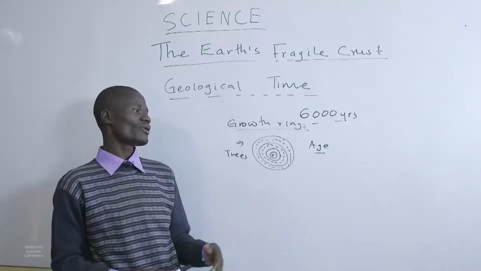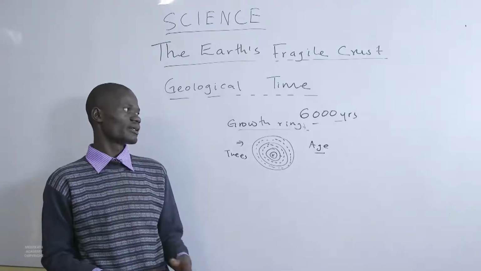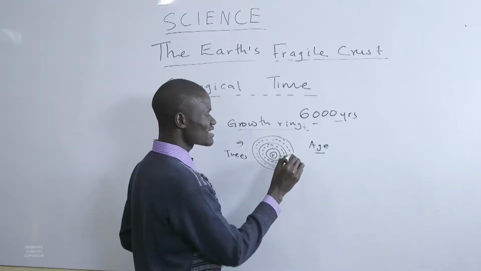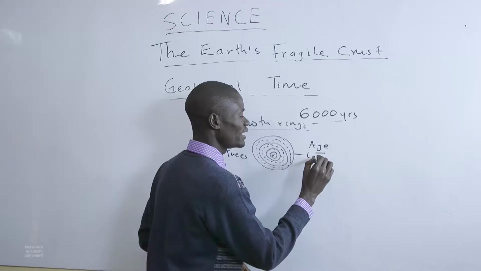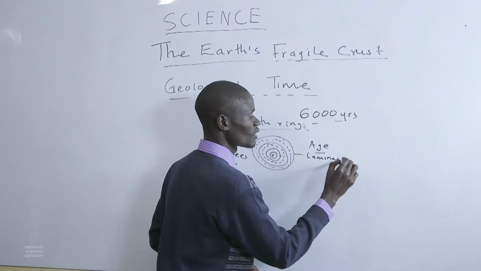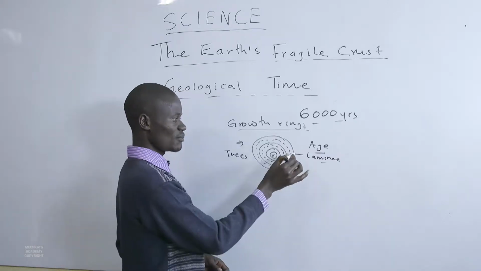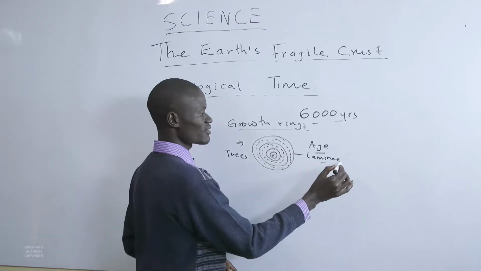They observed and studied the rings, which we call the growth rings around the tree. Actually, this ring is a lamina that represents various years.